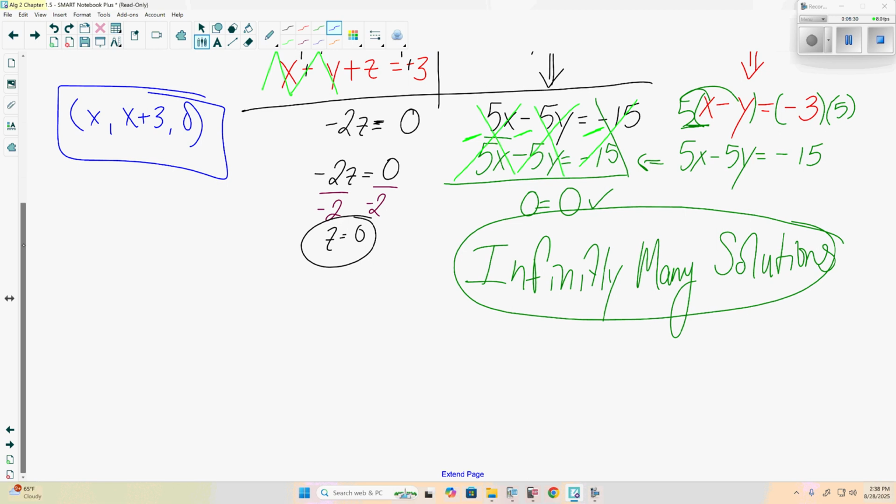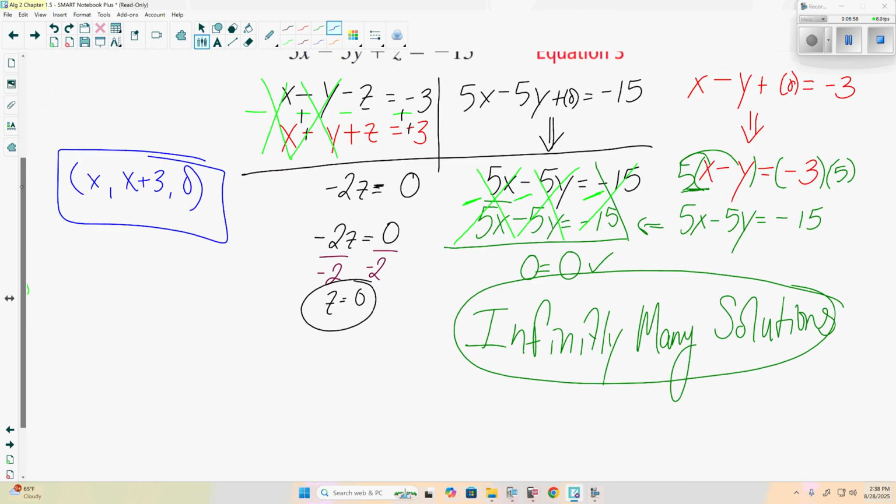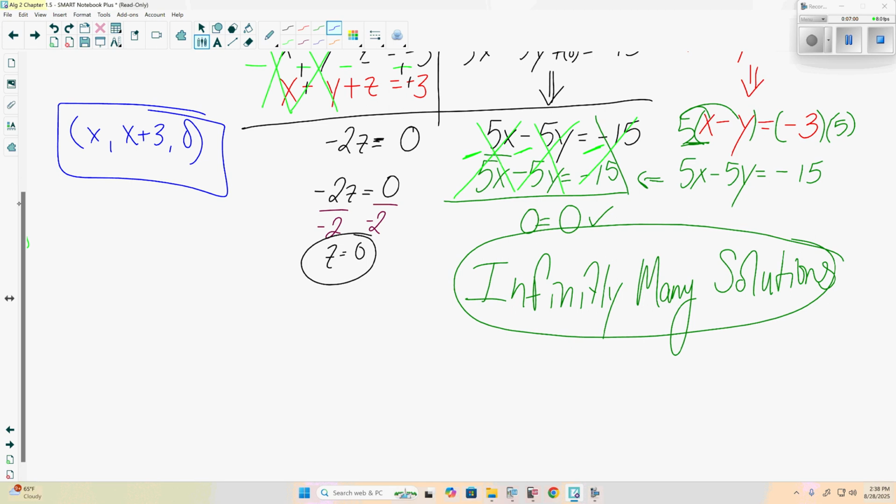And the other side, eliminating the other variables, did not give us a false statement. We have infinitely many. Questions on this here? Because if we kept going the way we were before we plugged in z equals 0, it would have told us that z was 0 again. Both sides would have told us that z was 0. Infinitely many. Questions on this here?